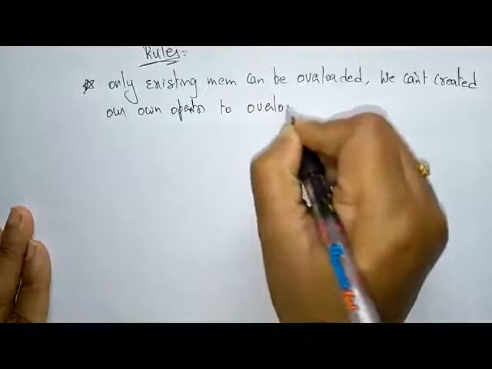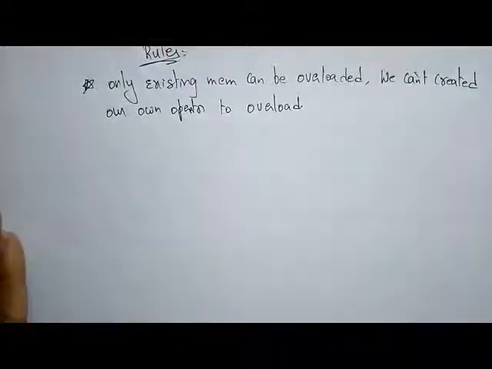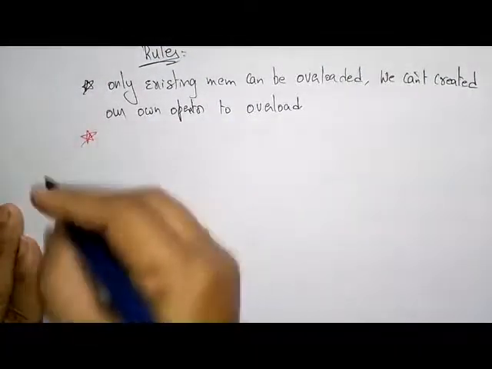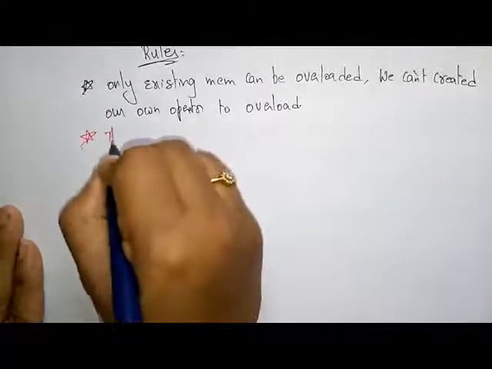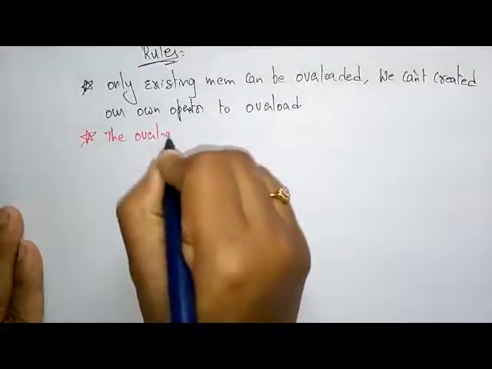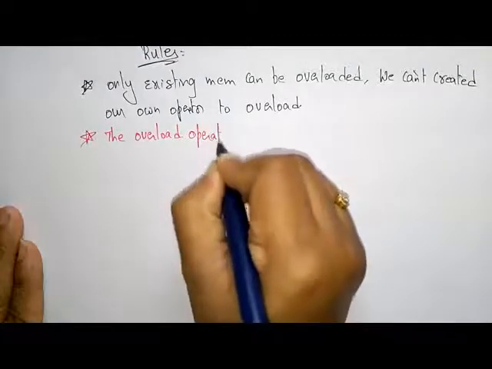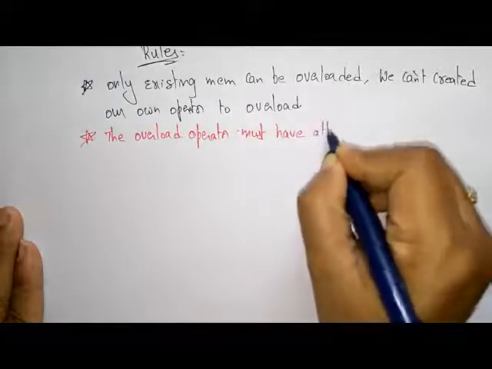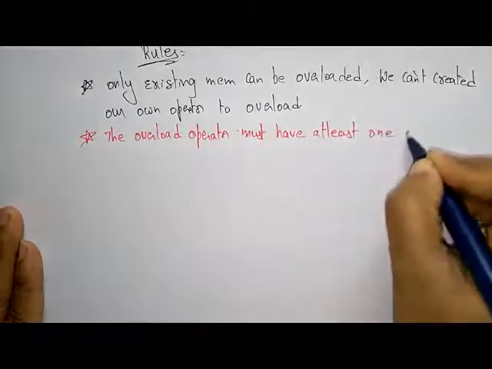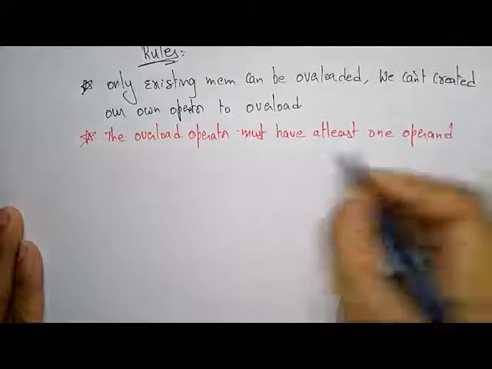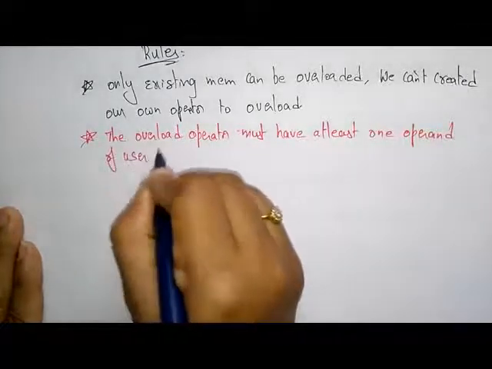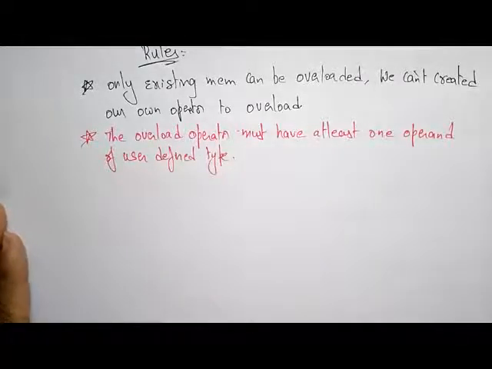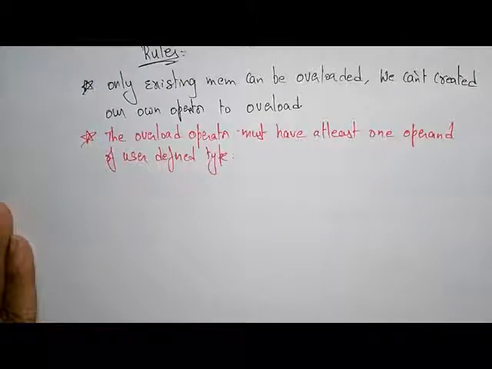So it should be remembered, you cannot create your own operator, only the existing member can be overloaded. And the next rule is the overloaded operator must have at least one operand of user defined type. So it should have at least one operand of user defined type.